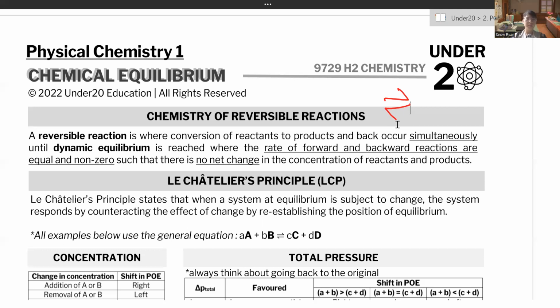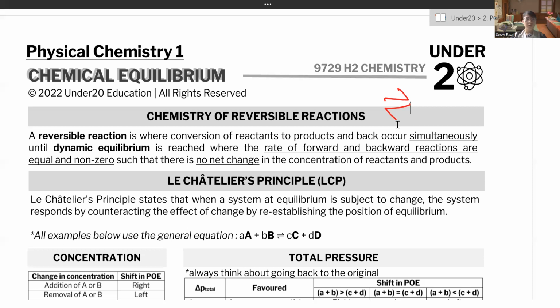The keyword here is net because let's say I have two classrooms of 30 people each, right? So now it's at kind of like equilibrium, right? 30-30. So if one student A goes from class A to B and student B moves from class B to A, what happens is that there's no net change in the numbers, right?